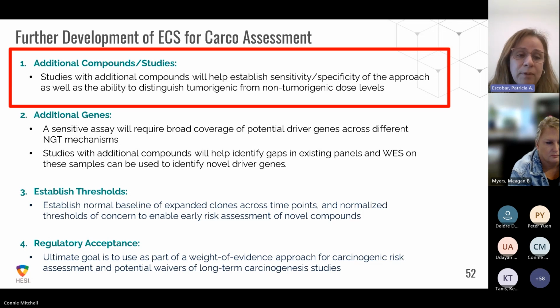The first step was really to understand we need to do more studies, we need to have additional compounds, and we need to really see how that works. So we're still in that phase, and that's what we're showing here. But I like this slide, because it shows that there's a long way to go, and we have a path of where we want to go. The important thing here is that we're starting that path, and we're getting there with additional compounds and studies that we need to do. Next slide.